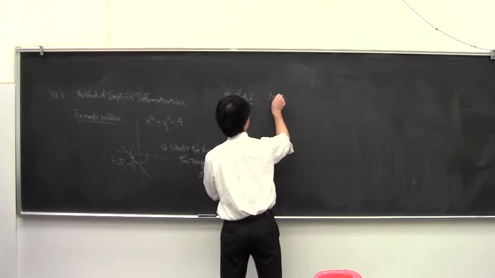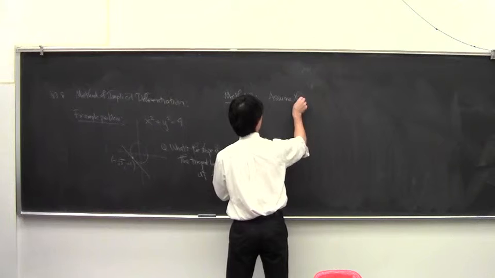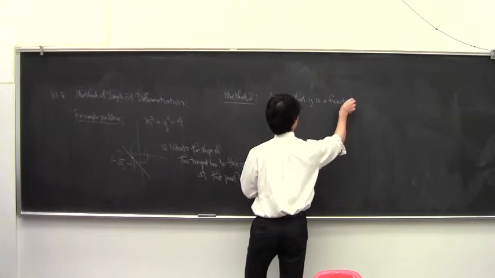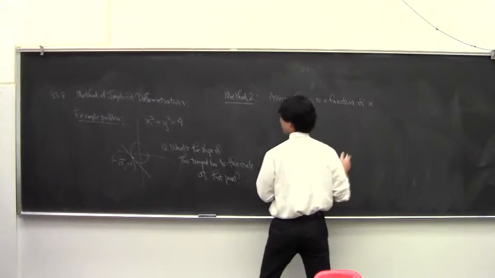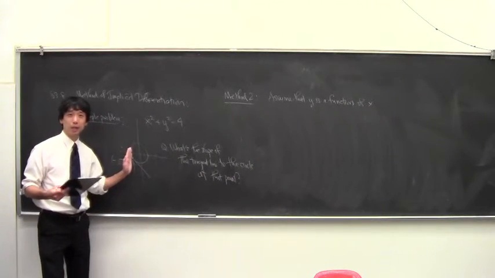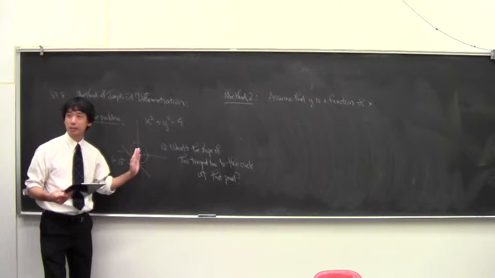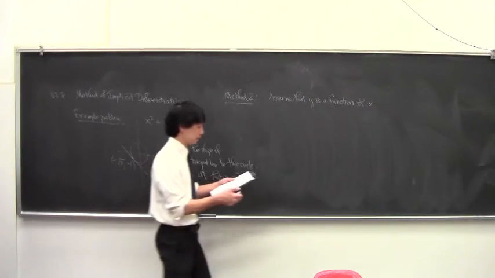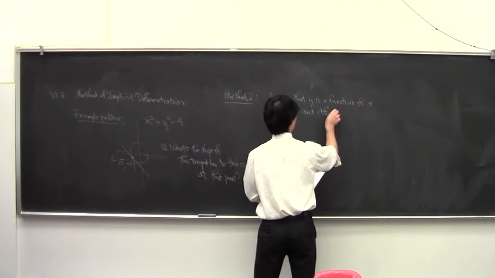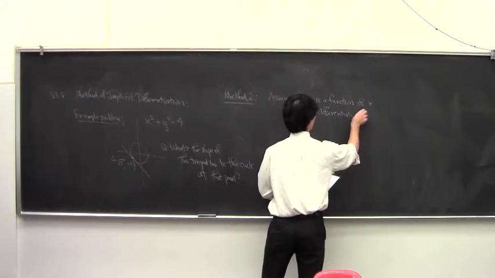The idea is this: you assume that y is a function of x, and as x changes, the y changes. So it depends on x. You know it's a function of x. And differentiate the equation.